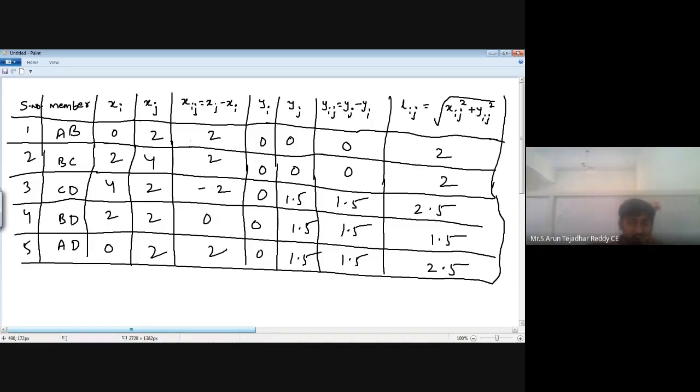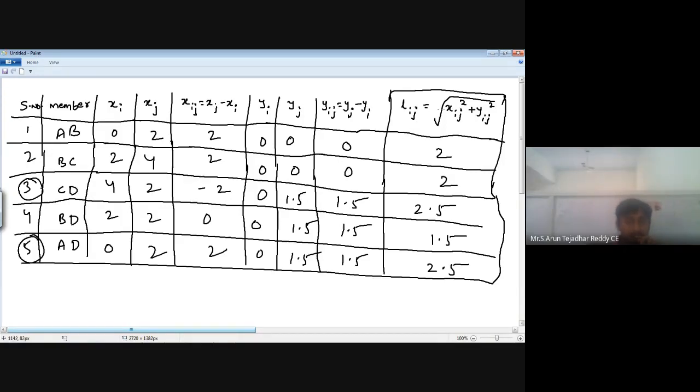In the previous class, up to now we have completed finding the unknown length members. Here, what are the unknown length members? A to D and C to D. These both are unknown lengths.